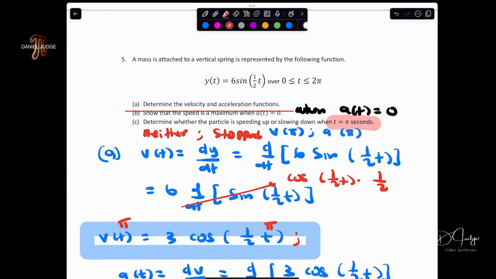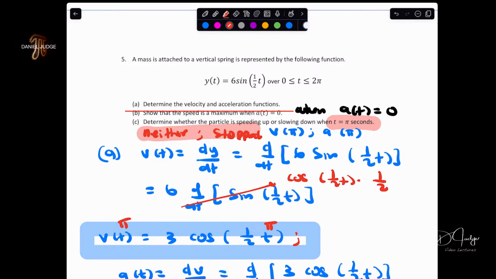So I don't know. Maybe I should add that kind of situation in the worksheet. Is it neither? Because 0 is neither positive nor negative. Neither.